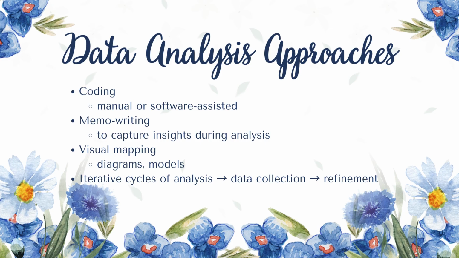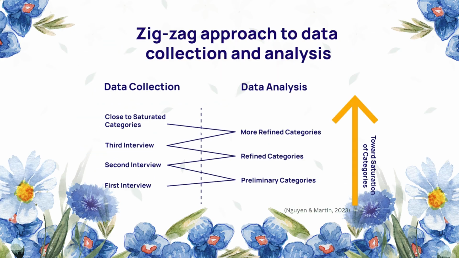Now, the iterative nature of the analysis means that data collection and analysis happen simultaneously. So these things are constantly going back and forth to make sure that you can refine them to best suit the theory that you're trying to support. The process of data collection and analysis in grounded theory is quite flexible, and it can be done simultaneously, like I said.